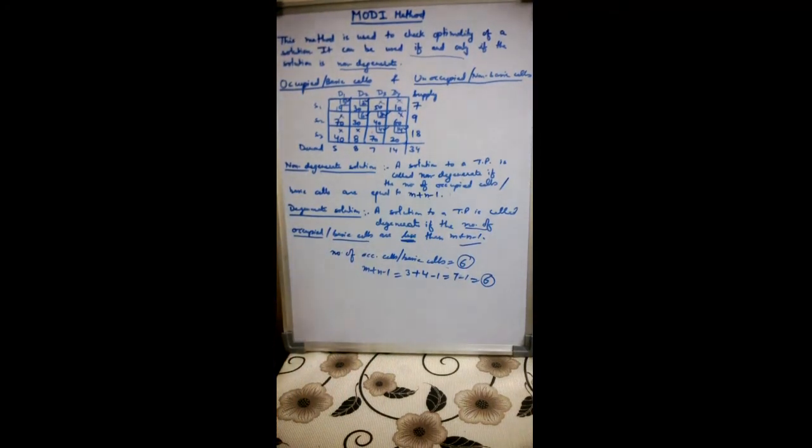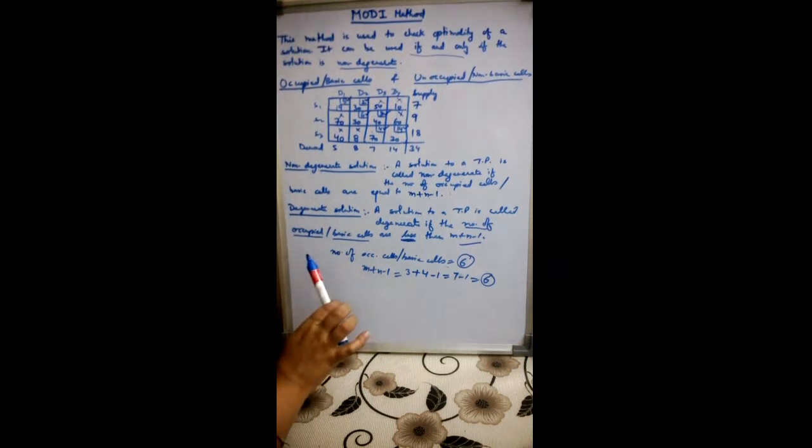Initially, whatever questions we discuss will be the case of non-degenerate solutions, and in later lectures we'll be discussing degenerate solutions. A degenerate solution is again an exceptional case. So first we'll discuss questions related to non-degenerate solutions. This is the concept of occupied cells, unoccupied cells, non-degenerate solution and degenerate solution. Hope you are aware of all these terms now.